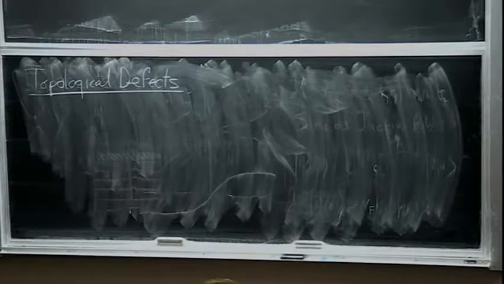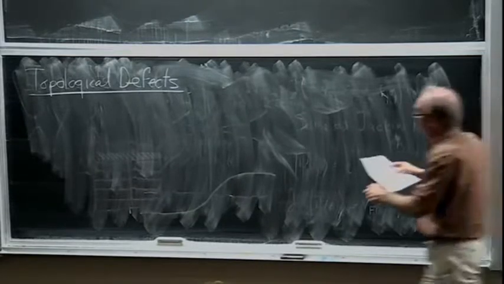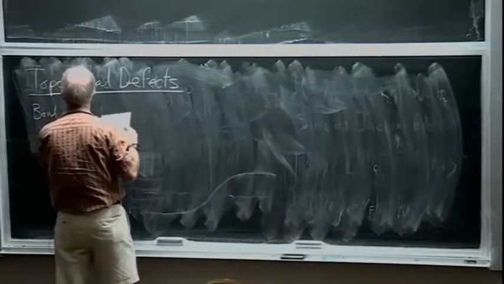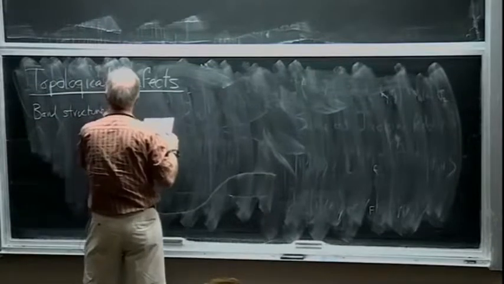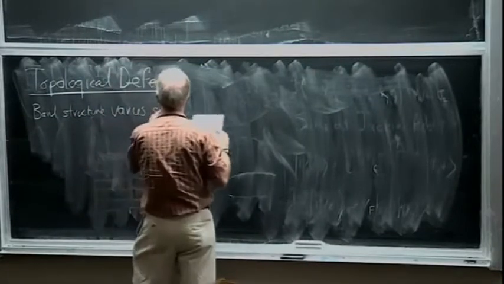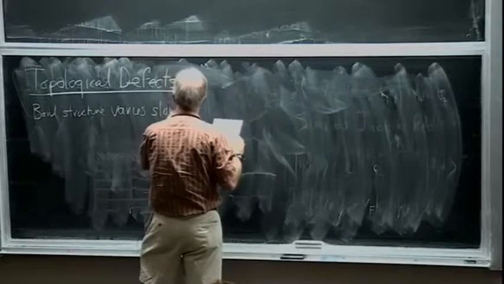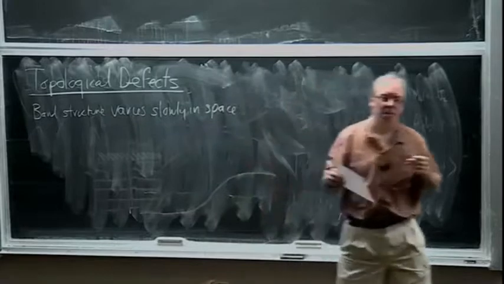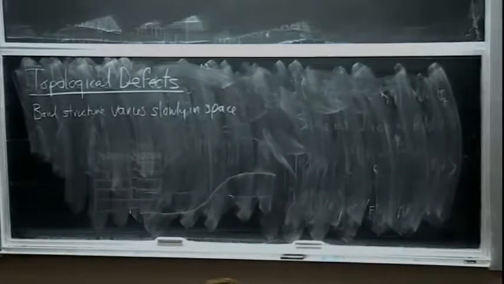To keep things simple, let's suppose they vary very slowly in space, so that locally I have a band structure, but I can think of that band structure as parameterized by where I'm located. And in particular, I'd like to see if I can characterize topological defects that arise in real space.